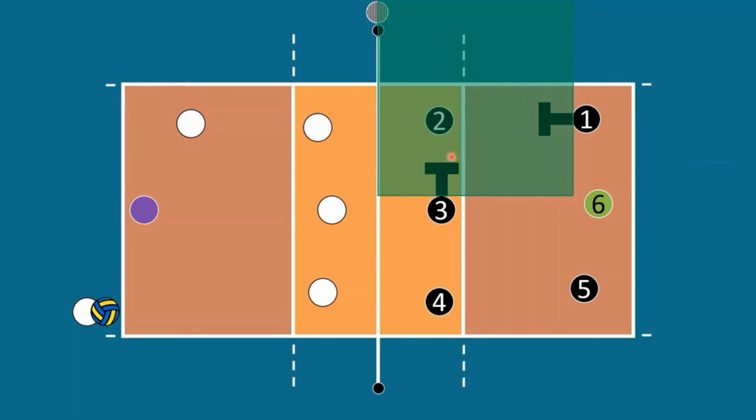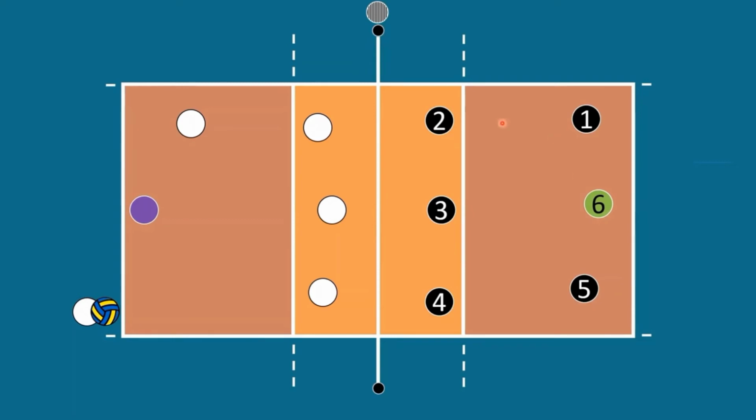If player 2 is in this area, the player is in rotation. If a player moves outside this area, then the player is out of rotation and the team loses the point. This rotation needs to be established only before serve starts. Once serve is done, then anyone can move anywhere.